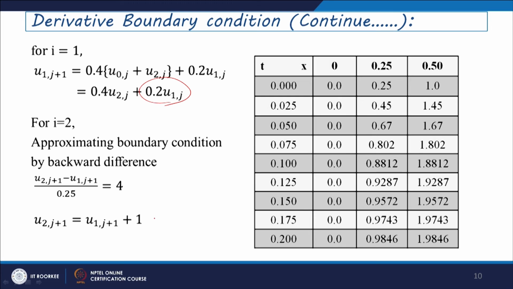And if we go through this computation at all other steps, we obtain the values in this form, that is t equals 0, 0.025, 0.05, then 0.075, then 0.1, then 0.125, 0.150, 0.175.